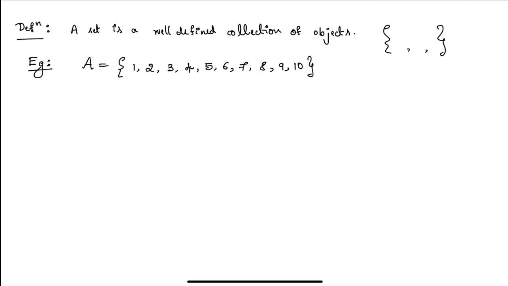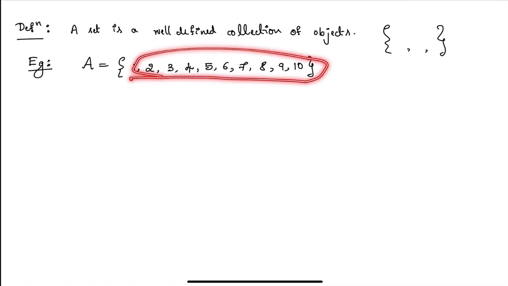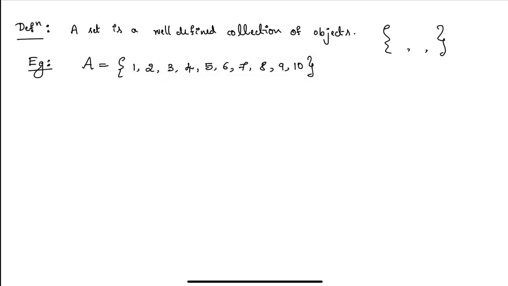Usually, we denote a set by capital letters, and if its objects are to be named, we normally name them by small letters.